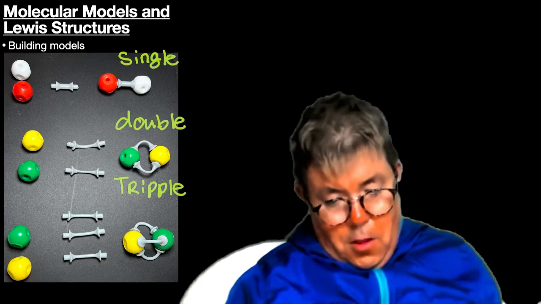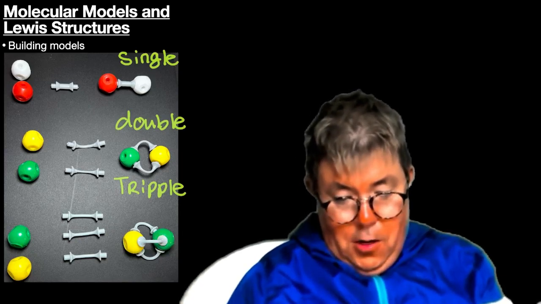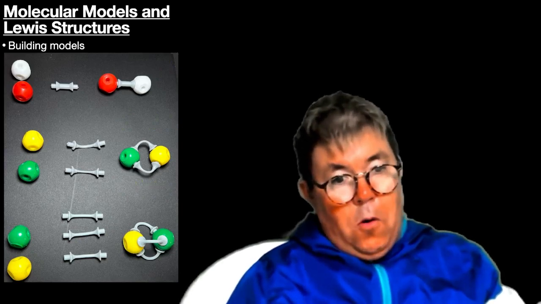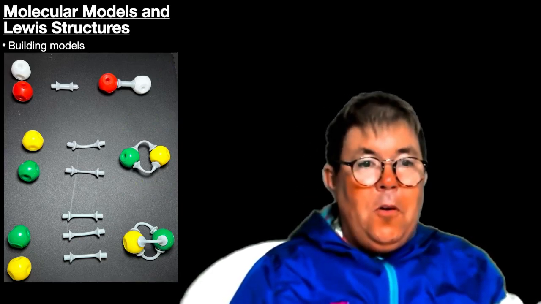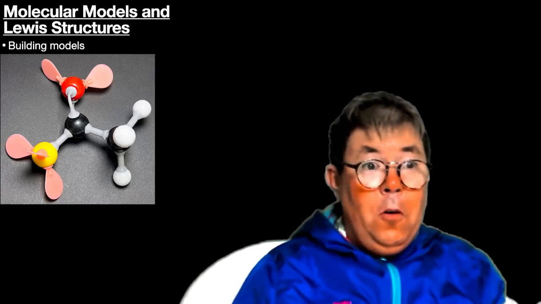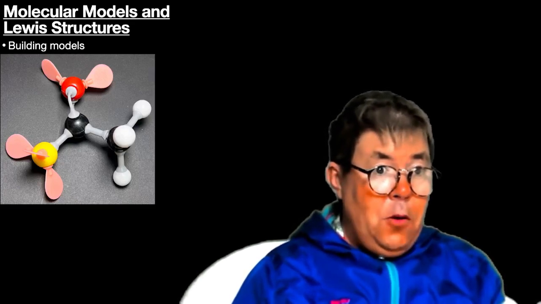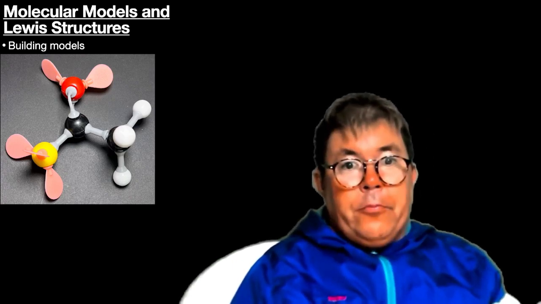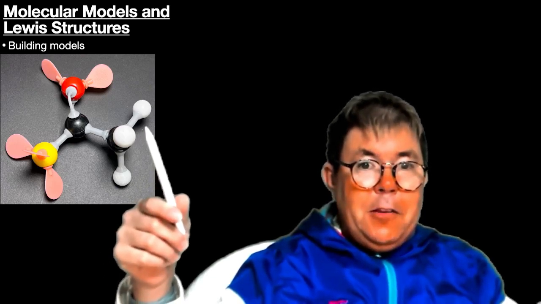So let us end with a look at the actual model for the structure that we just drew. Over here is the carbon with 1, 2, 3 hydrogens connected with short, rigid sticks.